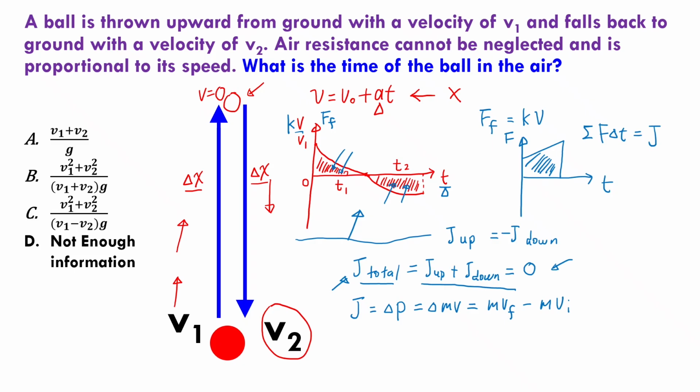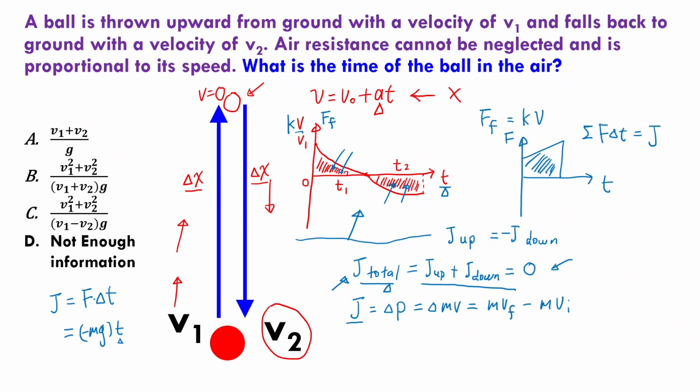In this case, because the total impulse from air resistance is 0, the only impulse is coming from gravity. The impulse from gravity equals F times delta t. Gravity doesn't change, so the force is minus mg, and the time is t1 plus t2.